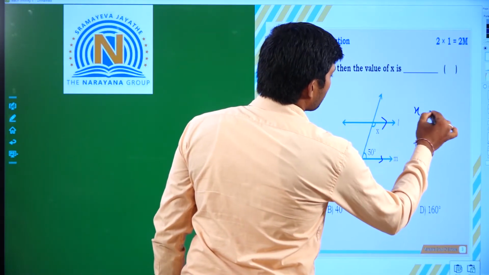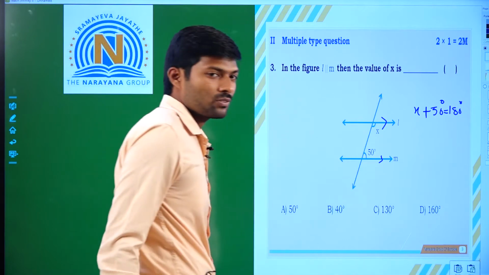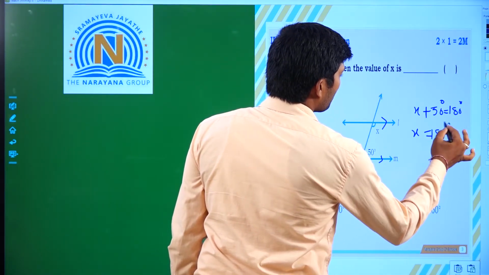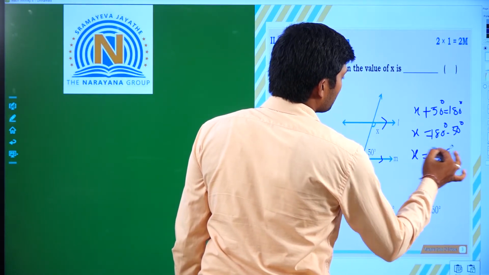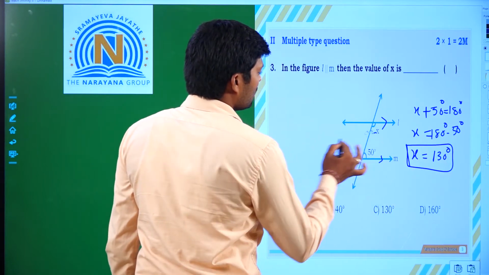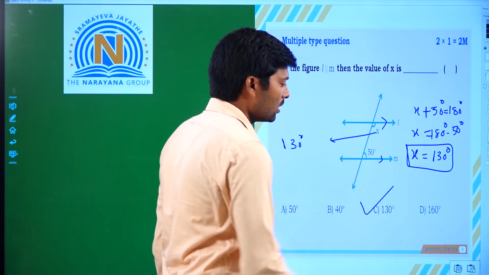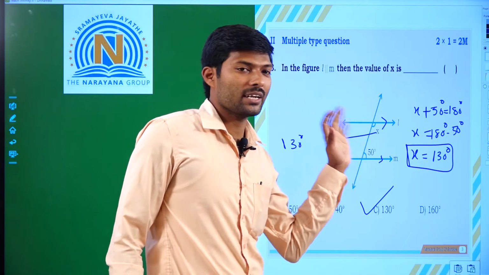That is, x plus 50 degrees is equal to 180. So x is equal to 180 minus 50, that is x is equal to 130 degrees. Which option is the right option? Option C is the right option. What is the reason? x as well as 50 are co-interior angles.